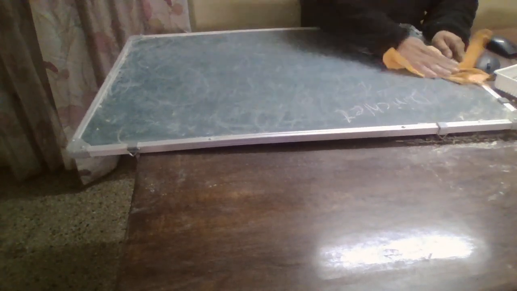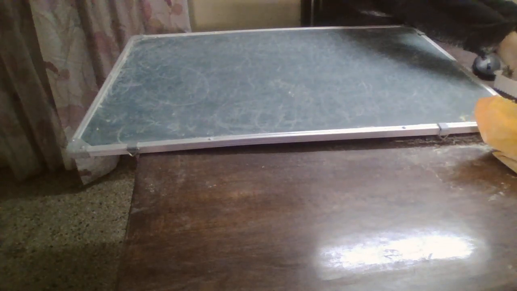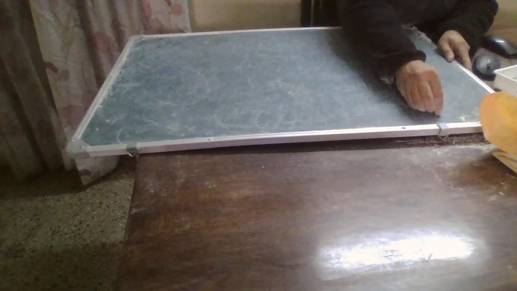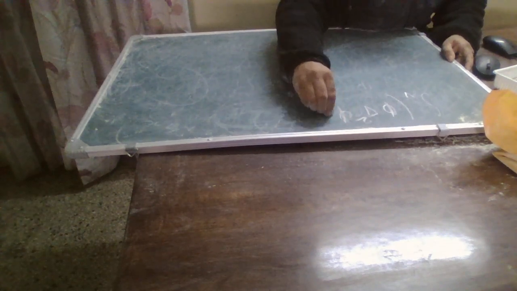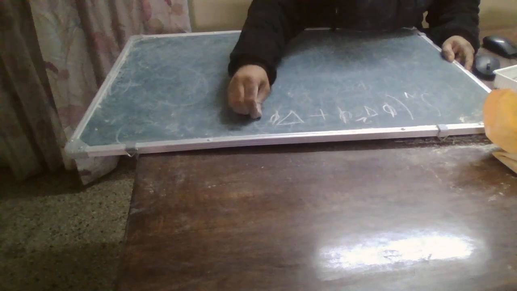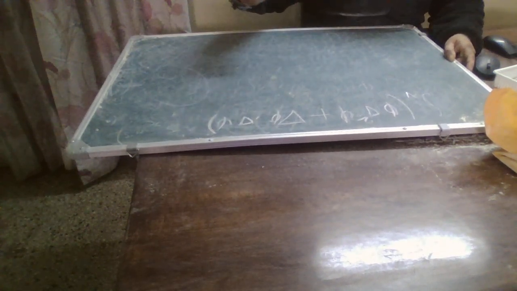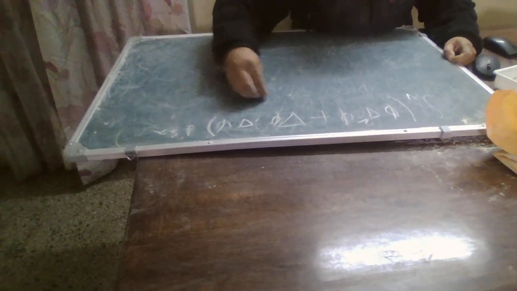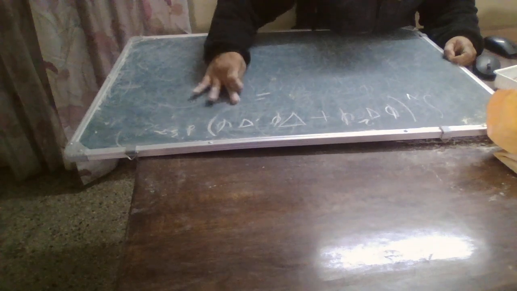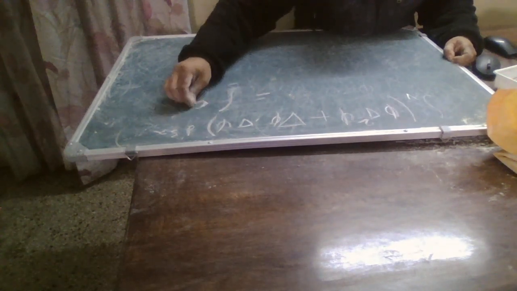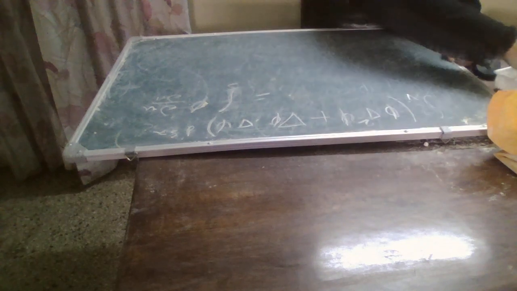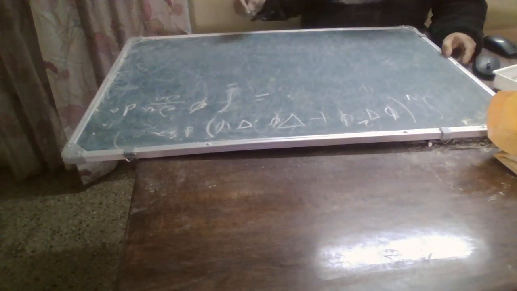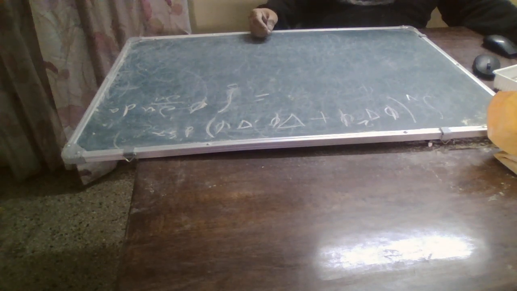So from Green's first identity, let me again write what Green's first identity was, the integral over V, up to the surface integral dA.